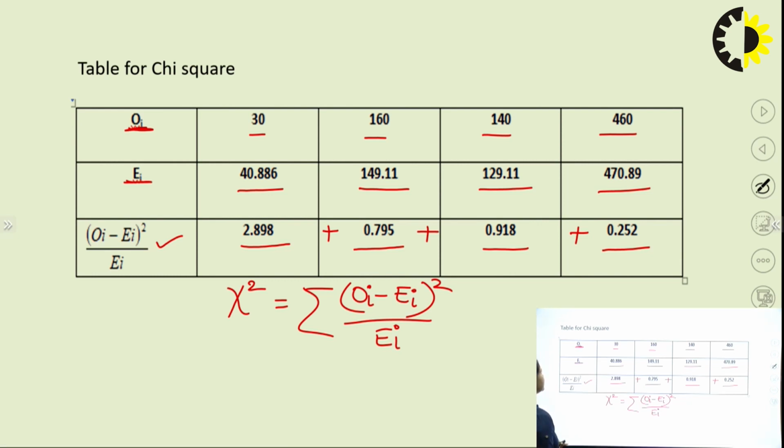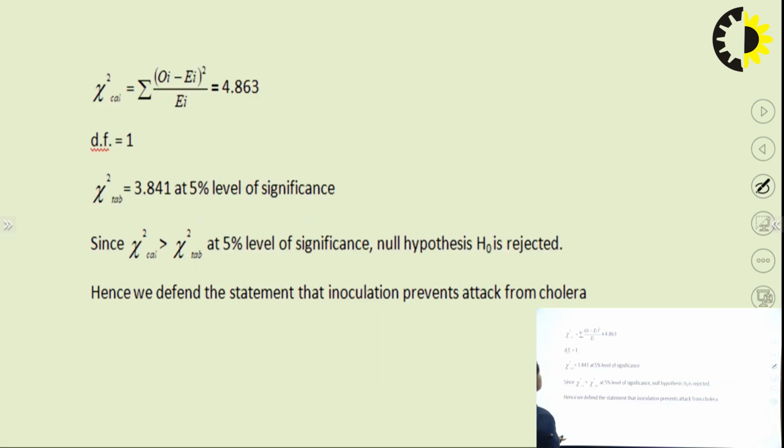After adding, we get the value of chi-square calculated as 4.863. Now 4.863 is the calculated value.